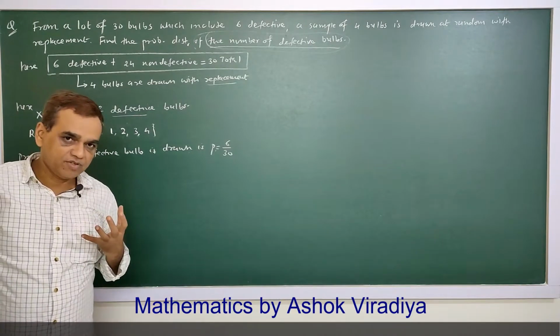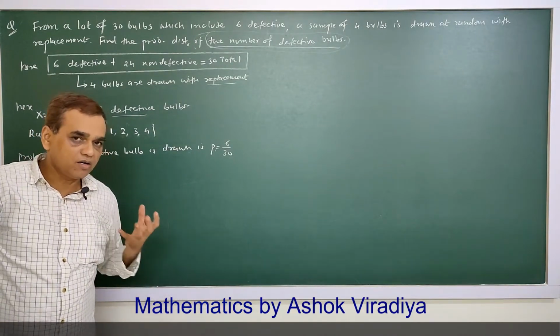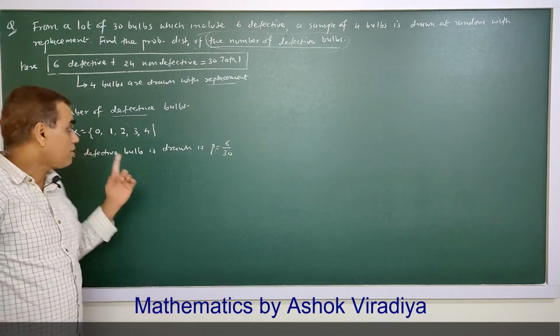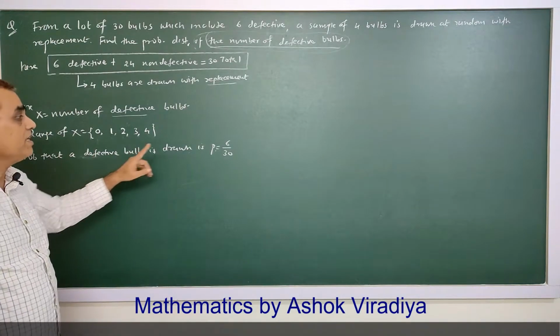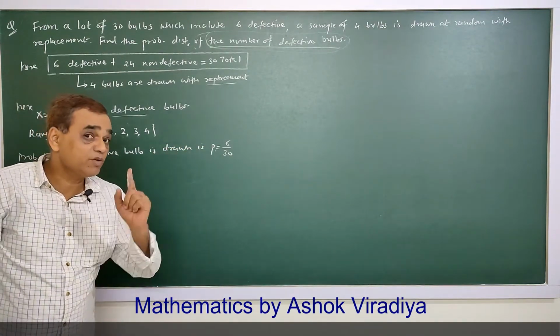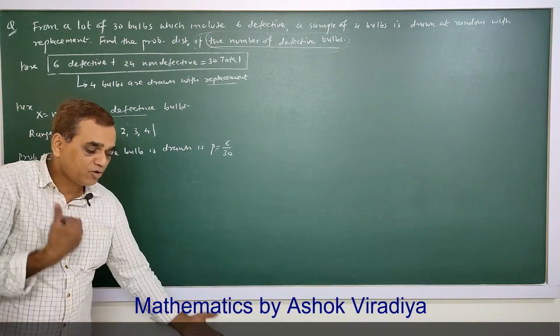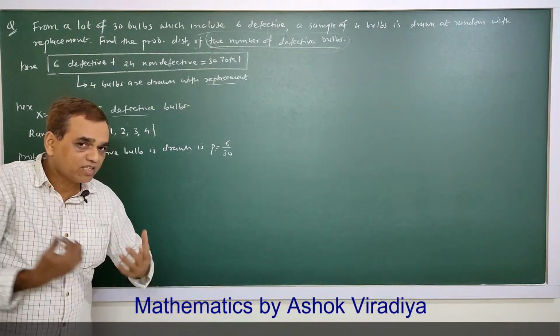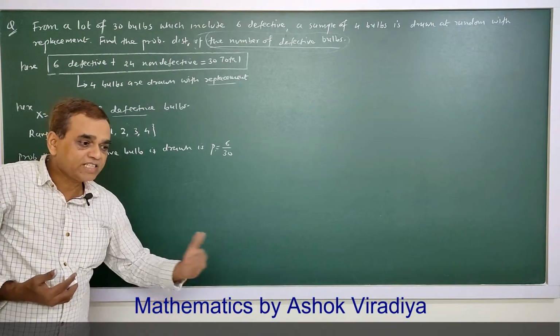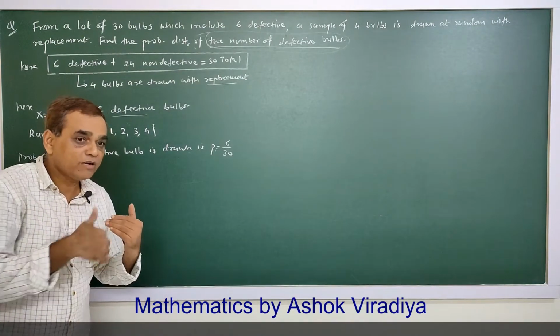Every time whenever you draw a bulb, the probability of a defective bulb will be 6 by 30 because it is with replacement. Whether you select the first time, second, third or fourth time, before taking the next one you are putting back.